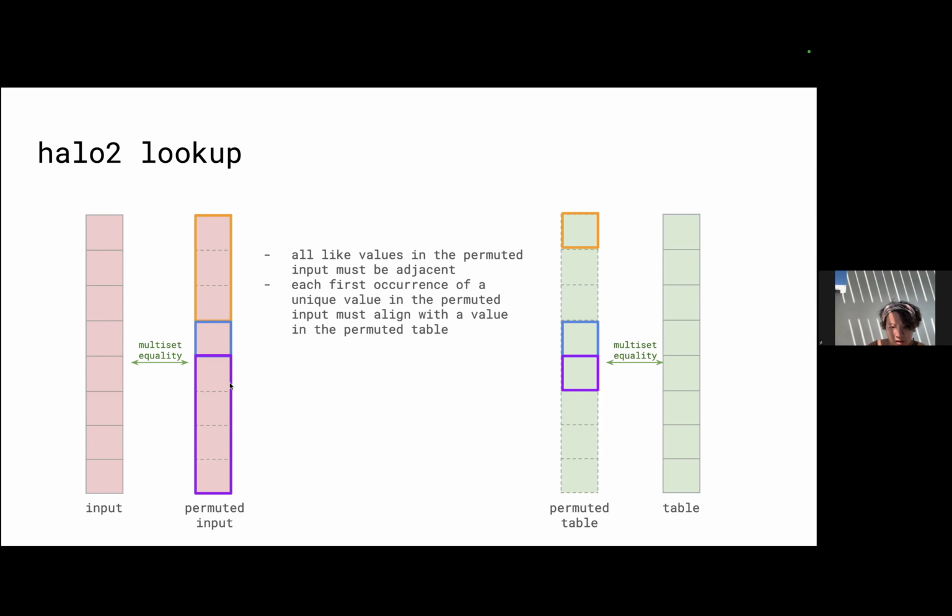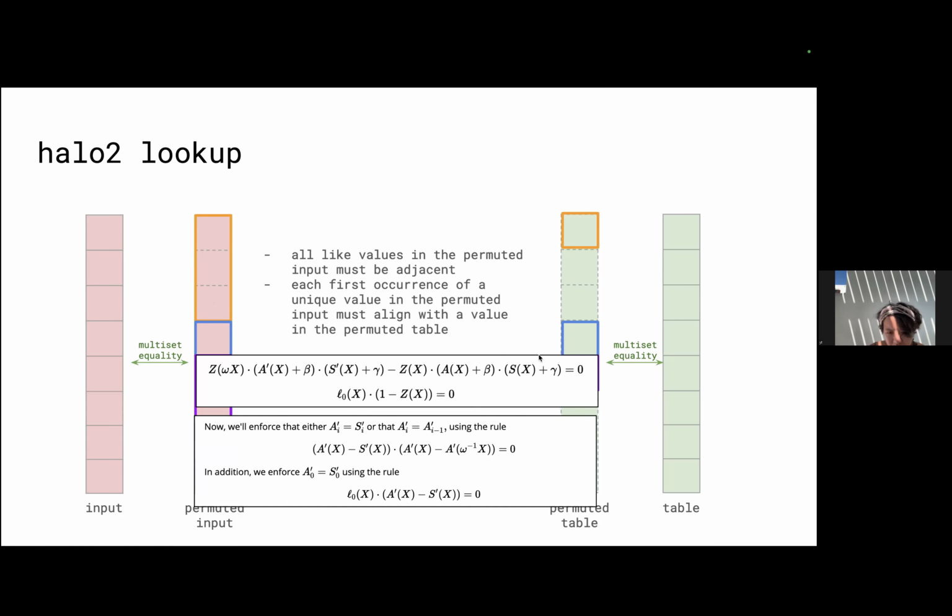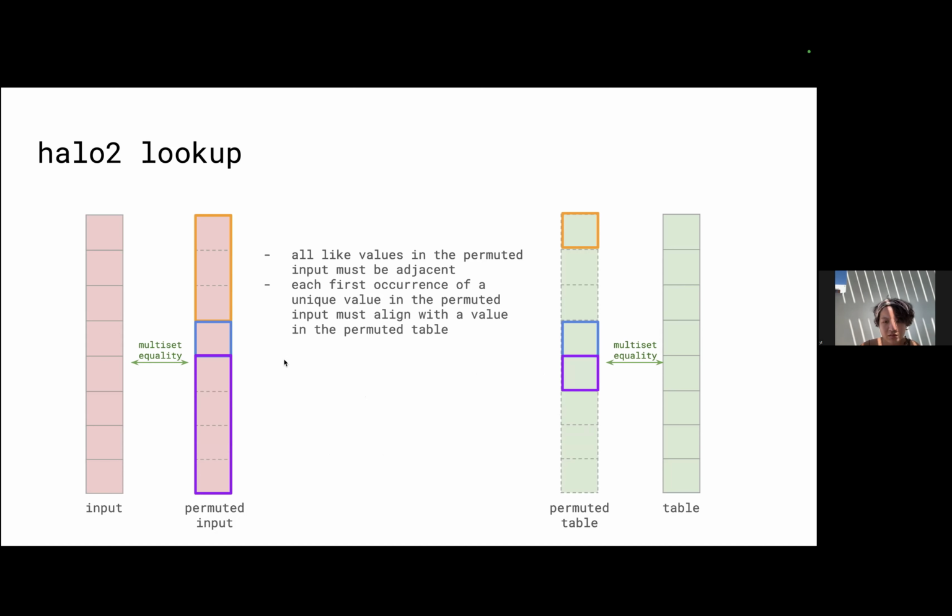And these are the polynomial identities enforcing these conditions. So these polynomial identities are then just checked using the normal Halo2 IOP. Yeah, and so the drawback to this approach is, first of all, we have these two extra commitments to make.